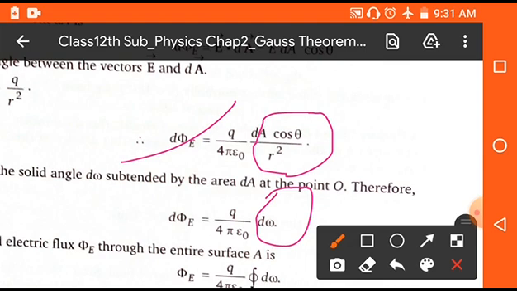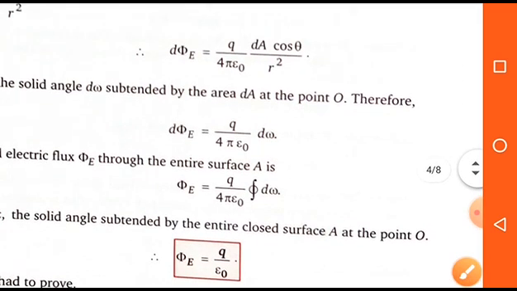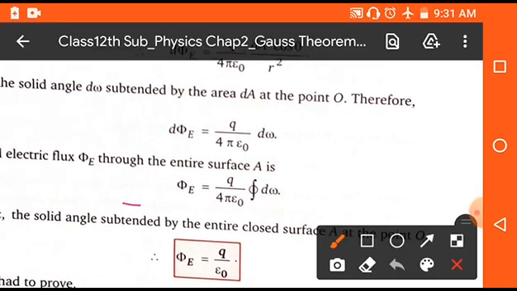So d phi is equal to q upon 4 pi epsilon naught d omega. Now for the whole surface we have to integrate, and we get phi is equal to q upon 4 pi epsilon naught integral d omega, and the value of integral d omega is 4 pi. So finally we get phi is equal to q upon epsilon naught.